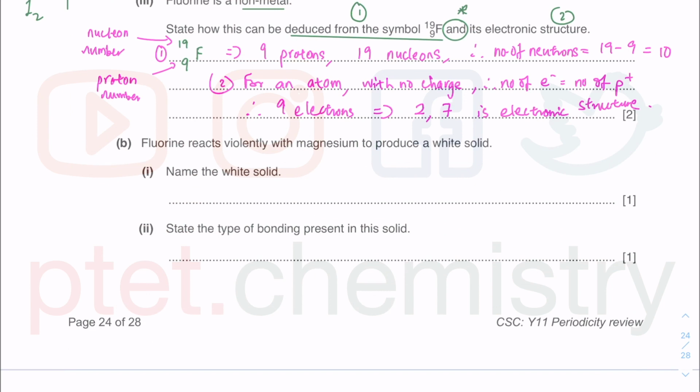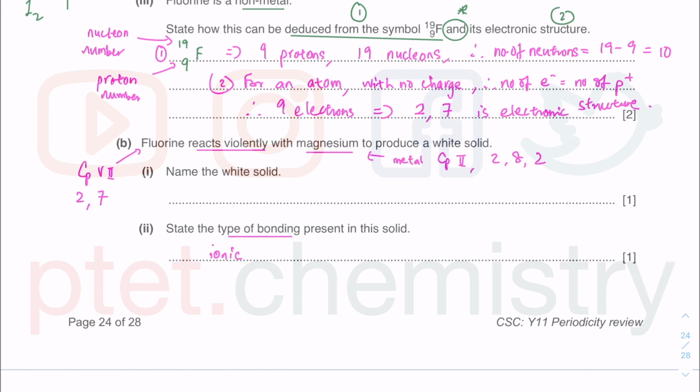Part B, fluorine reacts violently with magnesium. So this is your group 7, this 2,7. Magnesium is your metal, your group 2. It is 2,8,2 because it's first shell, second shell, third shell, 3 periods, and it's in group 2. Name the white solid. So metal plus non-metal, you're going to get an ionic bond.